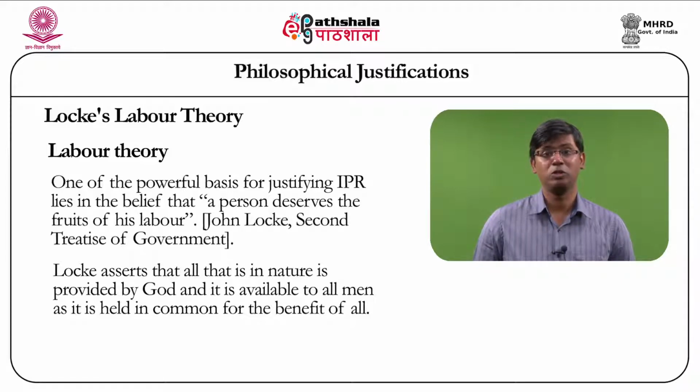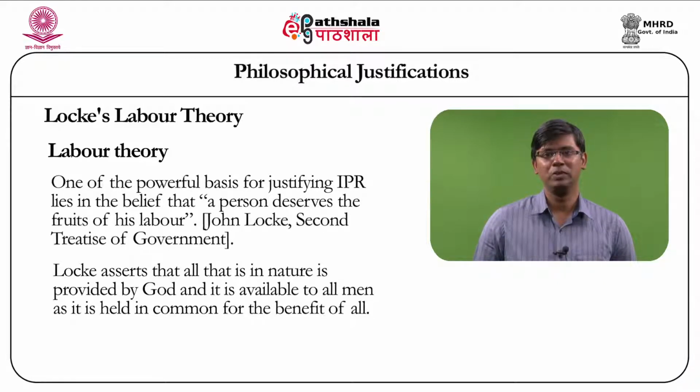And it is available to all men as it is held in common for the benefit of all. Basically, to expand on what Locke believes, all that is available in nature is largely created by God, and this should not be monopolized or held as property by a particular individual.